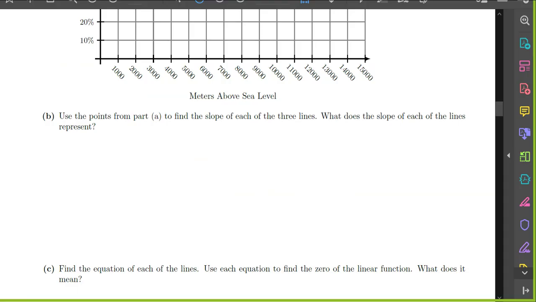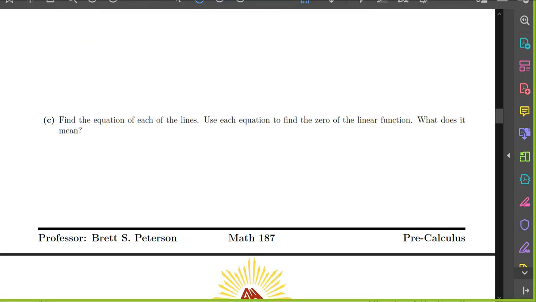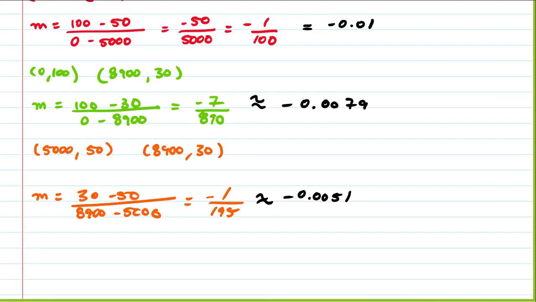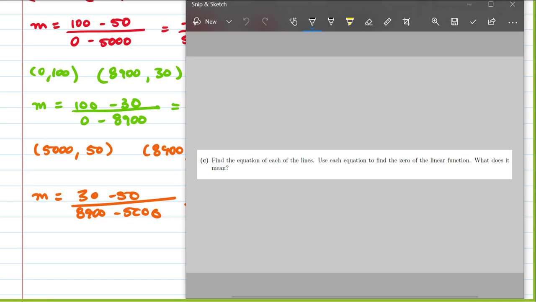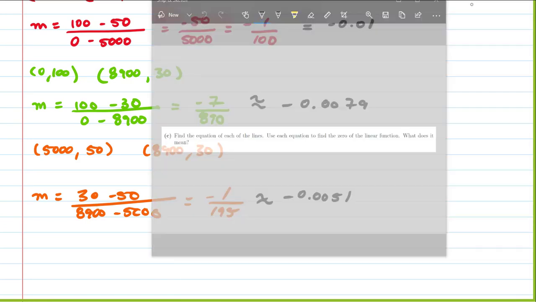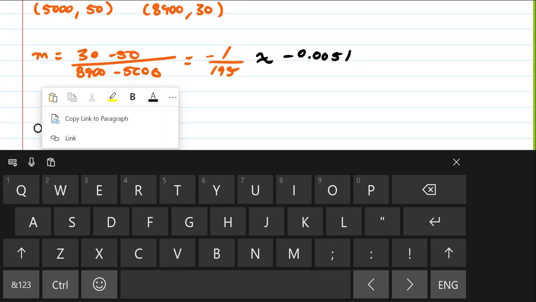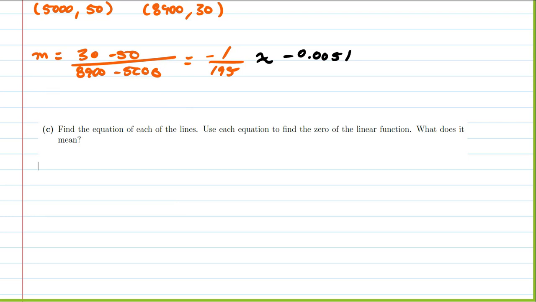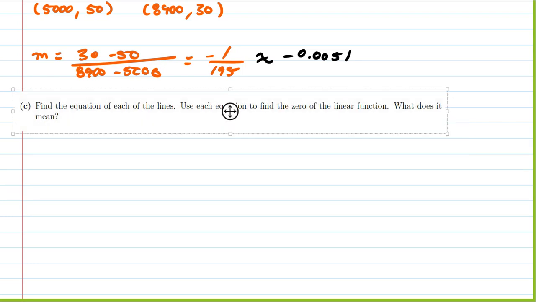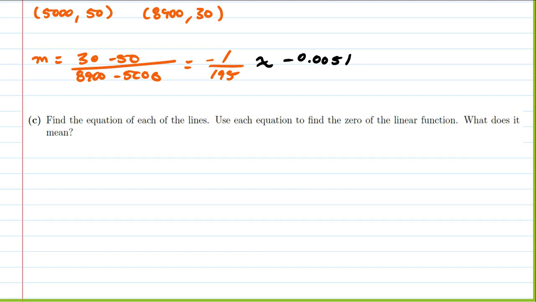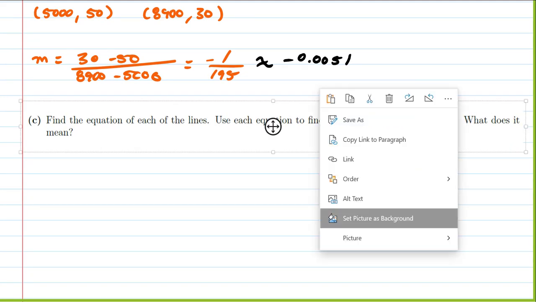All right, so we keep going now, and part C says, find the equation of each of these lines. Use each equation to find the zero of the linear function, and what does it mean? All right, so I don't think we answered the what does it mean for part B. So let's head back to that part for 1 second before we do this. So what is it that the slope represents?